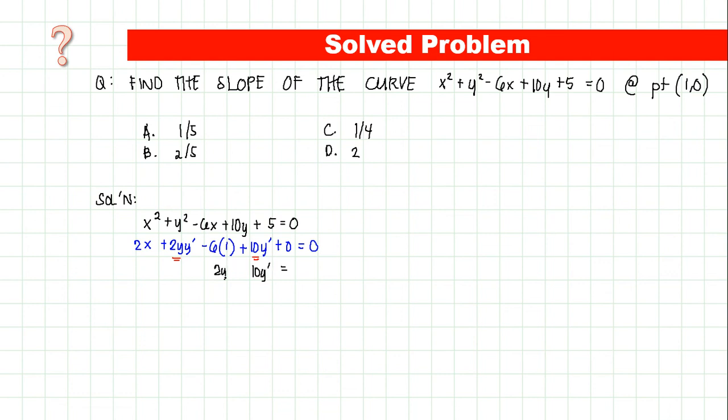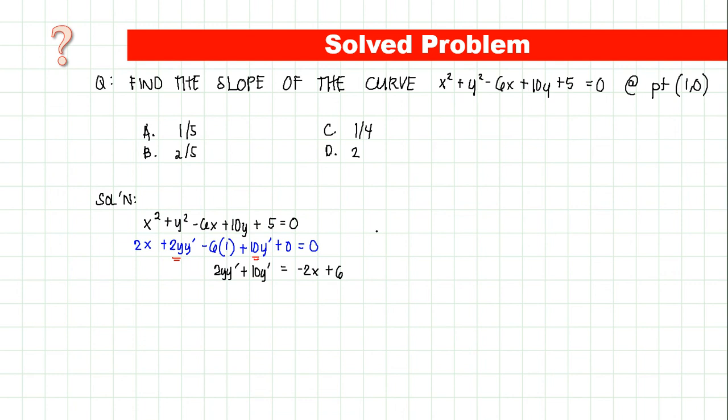Tapos we have 2y prime plus, di ba? 2y prime plus 10y prime is equal to yung 2x magiging negative kasi ilipat natin dito sa kabila. Tapos yung minus 6 magiging positive 6 yung ngayon yan. No? Ganyan. So ngayon, we are left with merong y prime sa left side. Sa right side, wala na yung y prime. Okay?